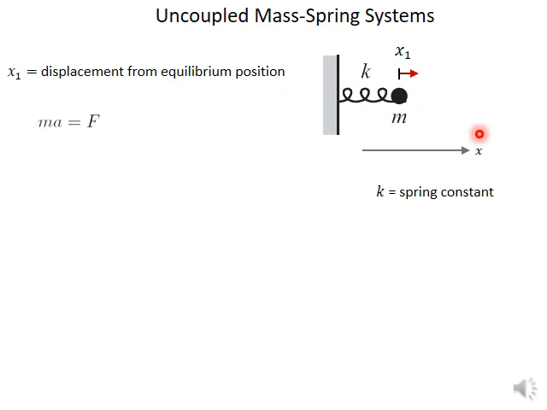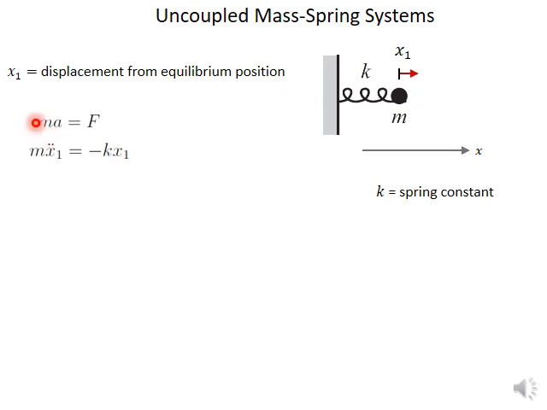So we can write for this mass Newton's second law, F equals ma. The acceleration in this case is the second derivative of this displacement with respect to time. The two dots here represent the second derivative with respect to time of x1, where x1 is the displacement itself.